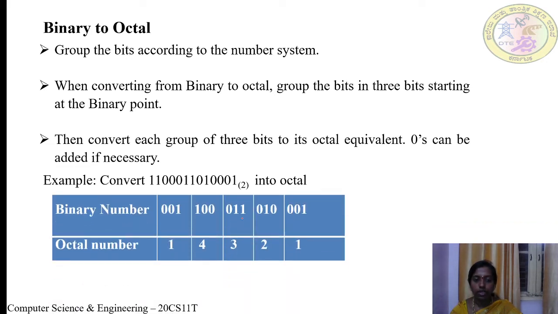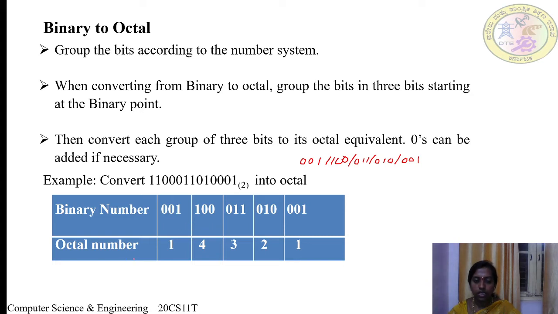We go on to the table, that is, take the binary number and make groups of 3 bits, that is 1, 0, 0, 0, 1, 0, 1, 1, 0, 0, 0, 1 and 1 is left out, so 2 zeros can be added. So this forms a separate binary group. Hence here we have got 5 separate binary groups, each group of 3 bits.